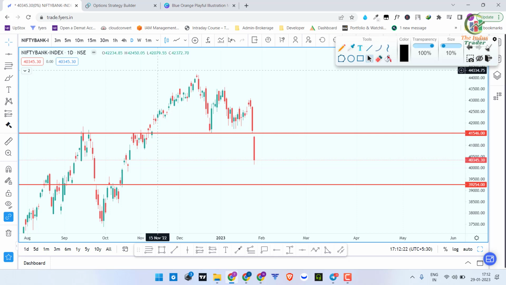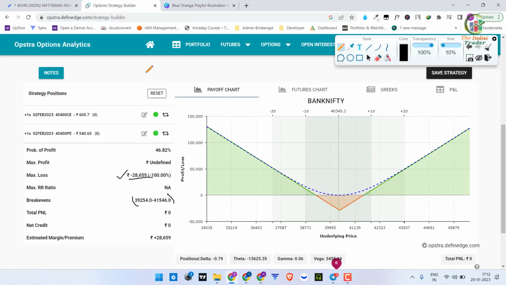So this is our break even zone. You can enter the position in Opstra, and you can get these break even zones.